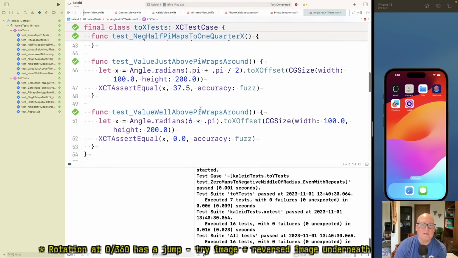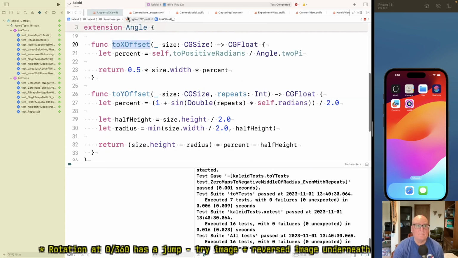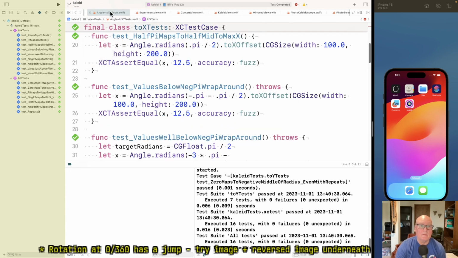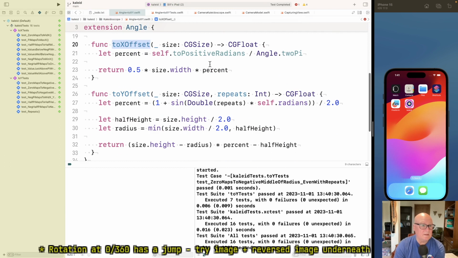Let's mess it up and make sure that, well, I got a 2x offset. Okay. I do just want to force a failure on it.